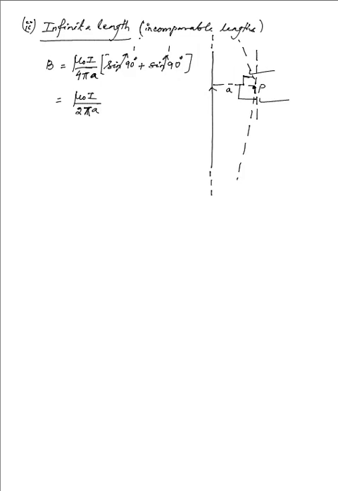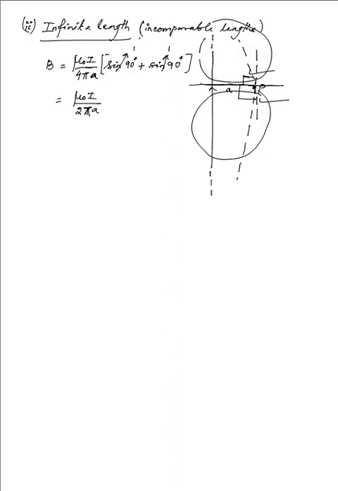Now, in case of an infinite length, because we are not comparing the lengths, this side and the bottom side are infinite, because at the top it is continuing to infinity and at the bottom it is continuing to infinity as well. So this line can be treated, however, as a perpendicular bisector.